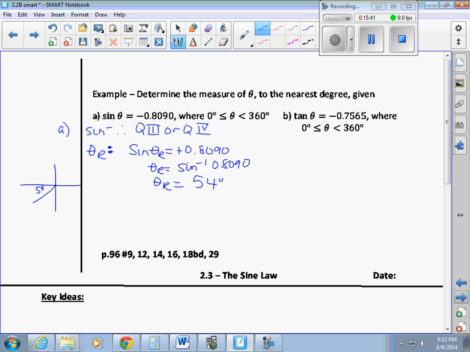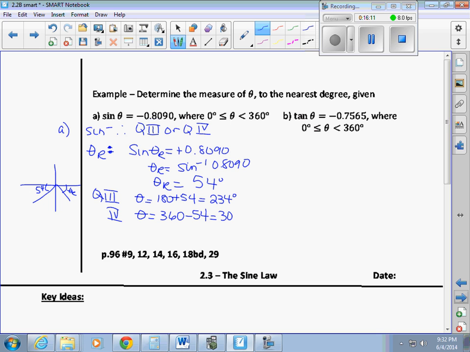So if my reference angle is 54 degrees, that means I've gone 54 degrees this way. So in quadrant 3, theta is going to equal 180 plus 54, which is 234 degrees. In quadrant 4, which will be here, there's your reference angle. So that means theta is equal to 360 minus 54.